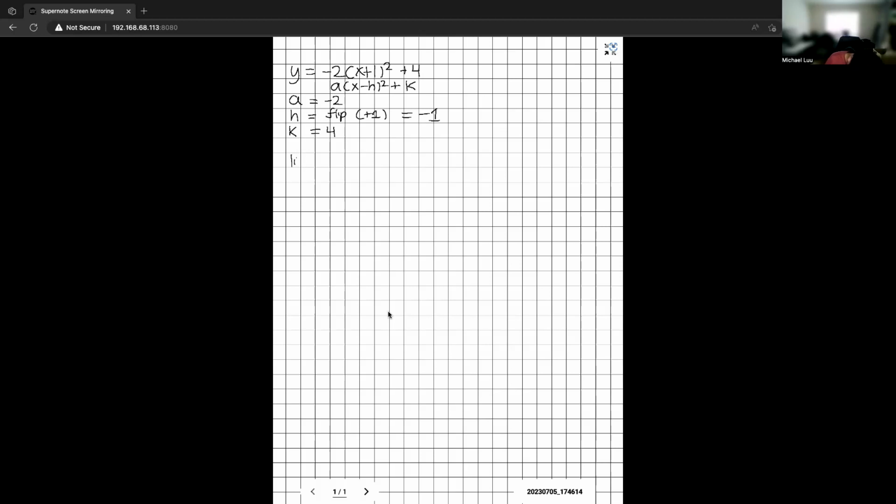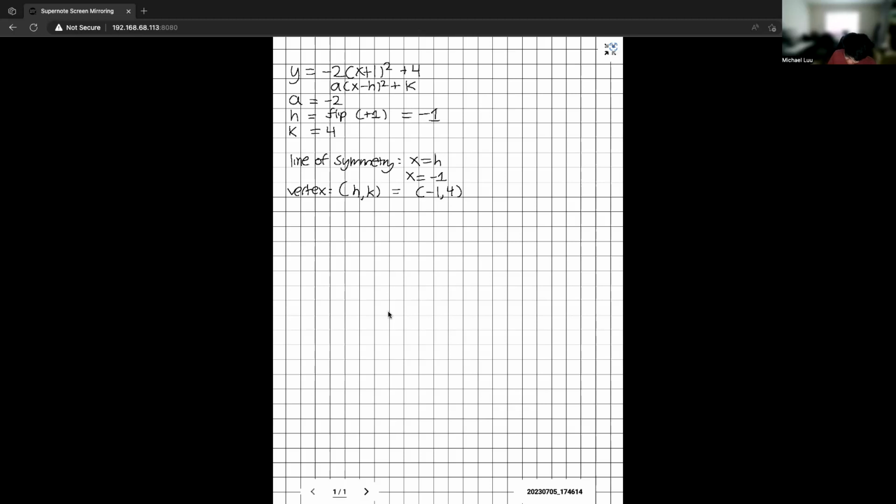If I had to say the line of symmetry, I know it's going to be x equals h, or negative 1. I know that my vertex, from my graphic organizer, is going to be h comma k. So that's going to be negative 1, 4.